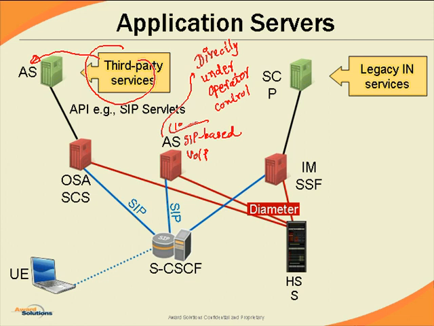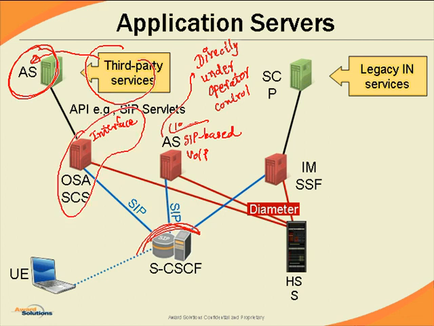So we have some kind of interface that we need between the third party application server and the IMS network, our operator's IMS network. So there's this box. Okay. So we can provide, for example, security, because maybe this is passing through the regular internet, so we can secure that interface.